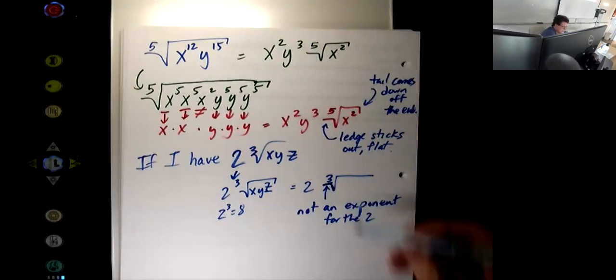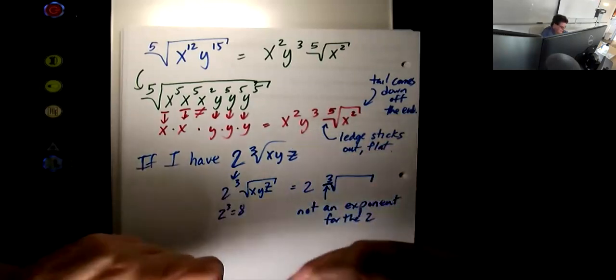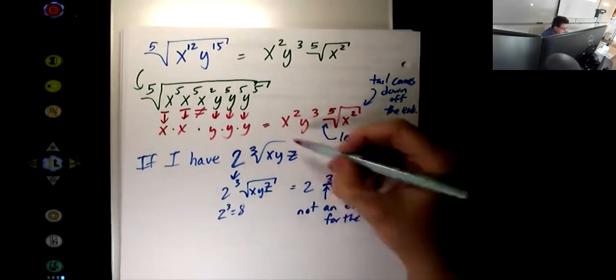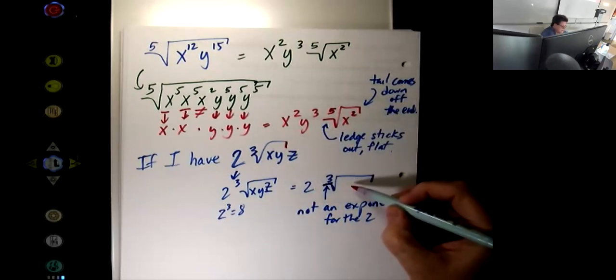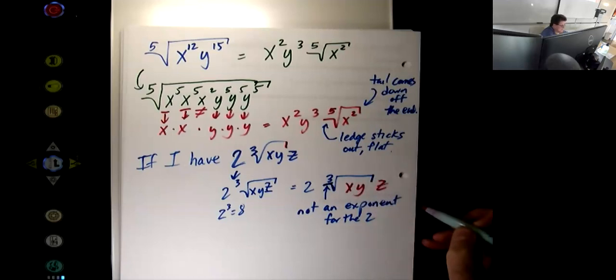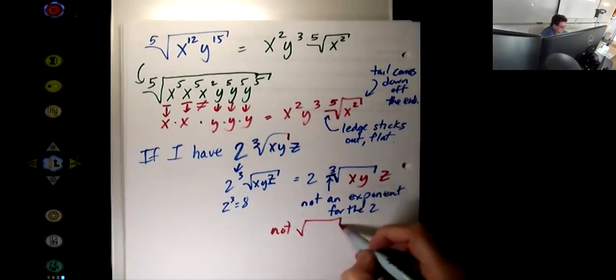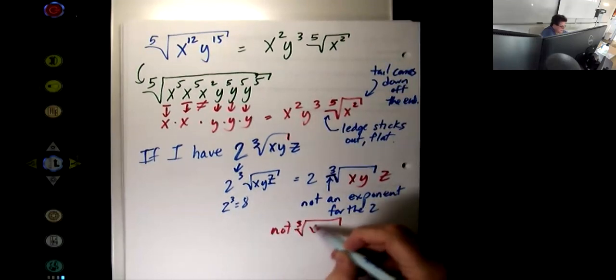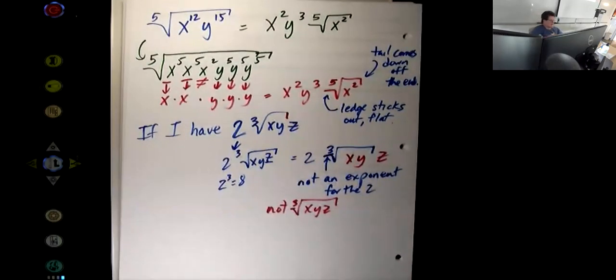Having the tail come down, I can see quickly that I meant only xy on the inside, and the z is on the outside. It's not the cube root of xyz, which is a different answer, a different value.